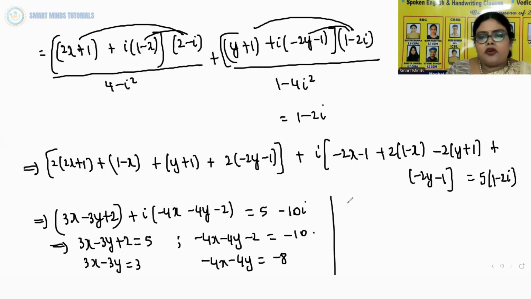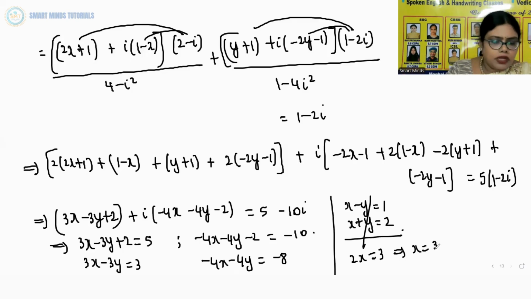So if we take 3 common, we will get x minus y is equal to 1. And here if we take minus 4 common, you will get x plus y is equal to 2. If you solve these two equations, you get x and y values. So 2x is equal to 3. So x is equal to 3 by 2. And if you substitute x in any one of the equations, you get y as 1 by 2.